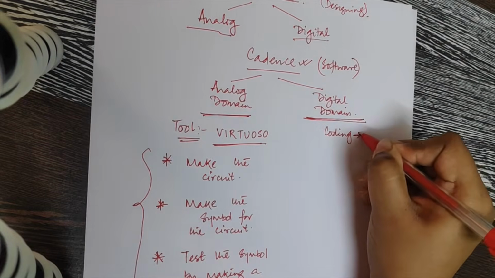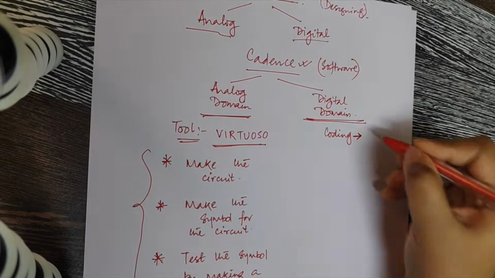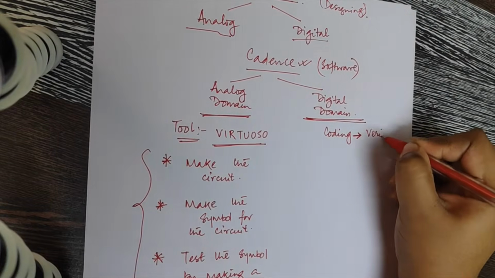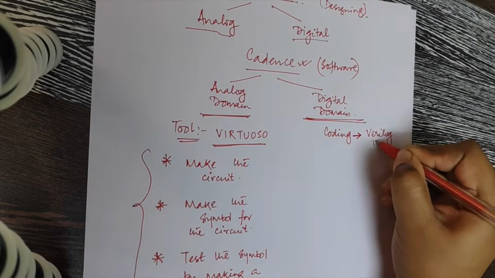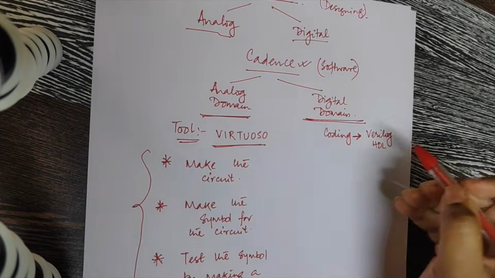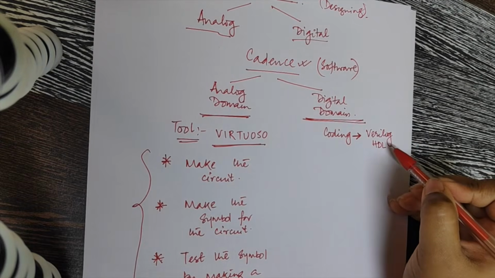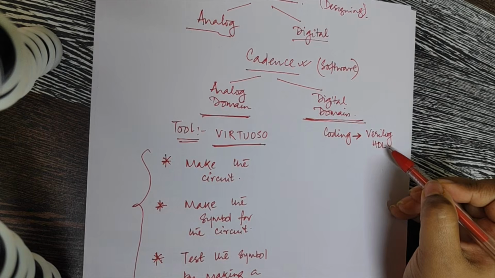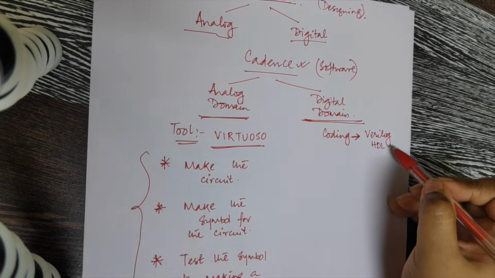You have already covered that in 5th sem, it is Verilog HDL. In your 5th sem HDL lab, you were dealing with the Xilinx ISE tool. The tool name of that software was ISE and the company name is Xilinx.